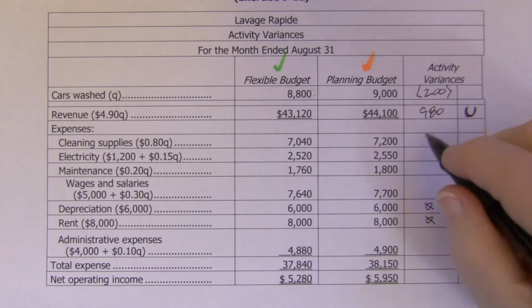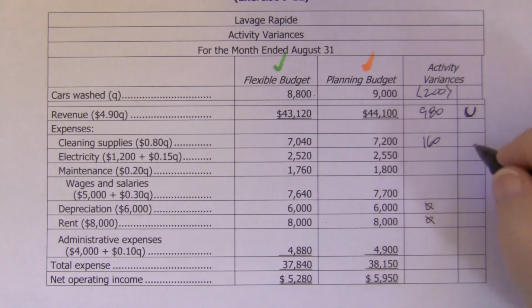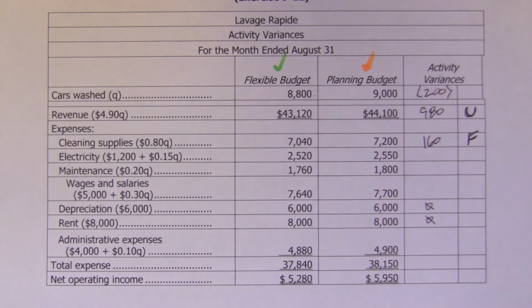Cleaning supplies went down $160. That's a favorable variance. We used $160 less cleaning supplies. Doesn't necessarily mean we're going to make the boss happy, because she's going to say, yeah, but we made $980 less and we did 200 fewer cars.